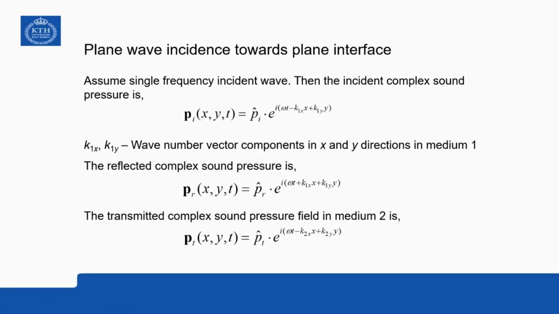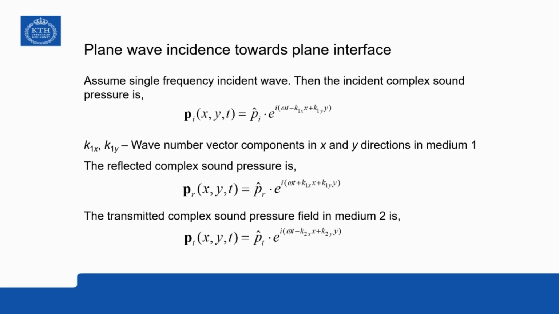Now, on the transmission side, we have the same sign as in the incident wave, minus plus, minus plus. The only difference here, apart from the amplitude, of course, is that we have index 2 here. That indicates that we have a different sound speed in medium 2, so the wave number is different.